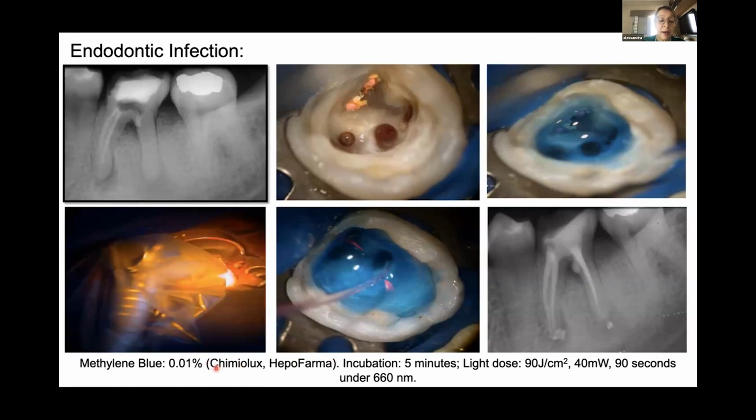So this is a commercial presentation of this dye. Then after that, we needed to wait at least 5 minutes. And after 5 minutes, we can shine the light in the different channels by the use of this optical fiber. We can deliver the red light once methylene blue absorbs at 660 nanometers. And in this case, we used a red laser.